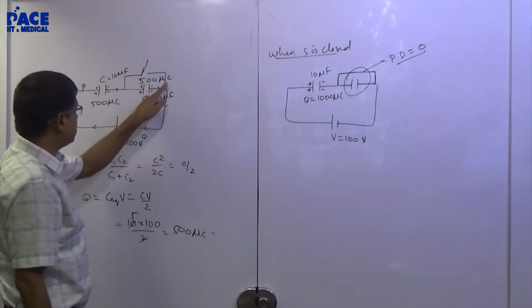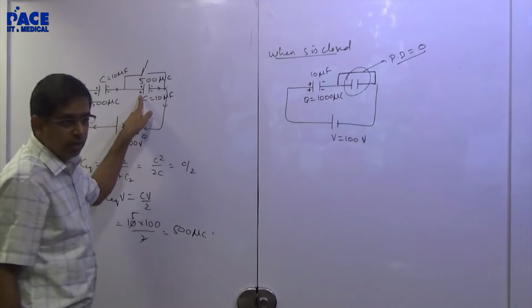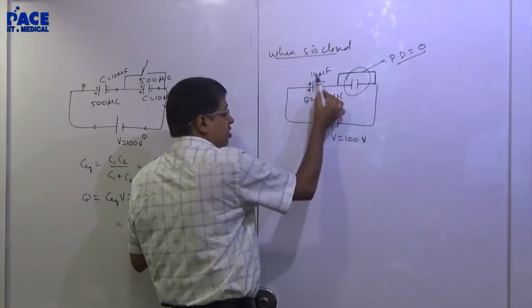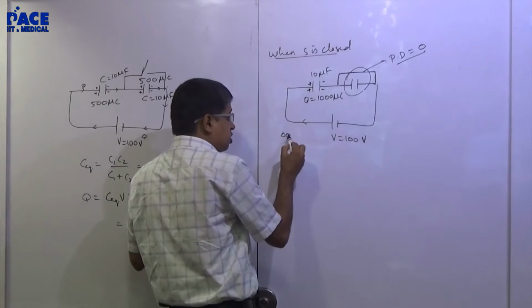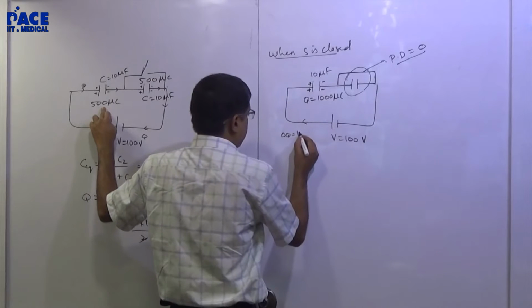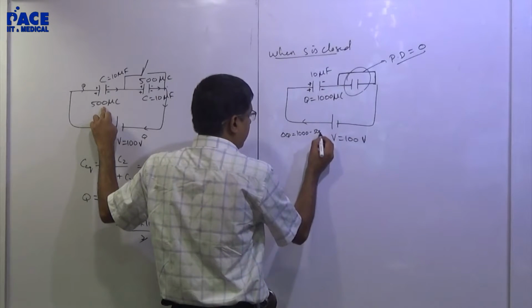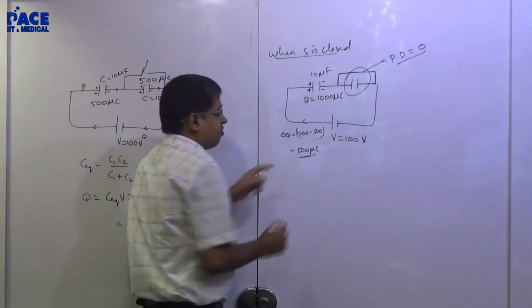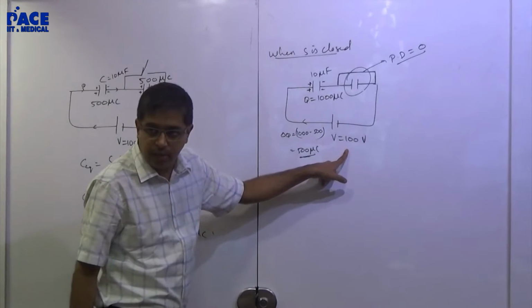This charge will not be available for this capacitor. So additional charge must be pushed by the battery: 1000 minus 500 microcoulombs. So 500 microcoulombs of charge must be pushed by the battery.